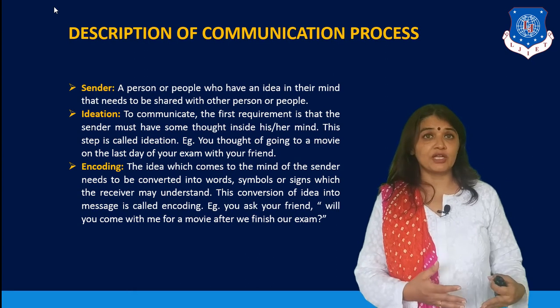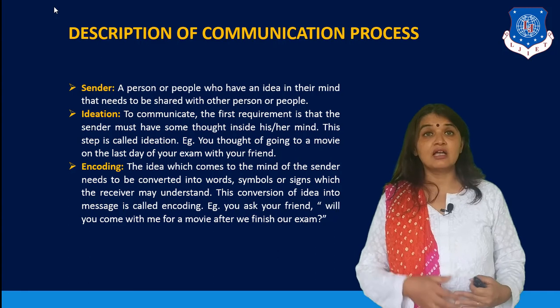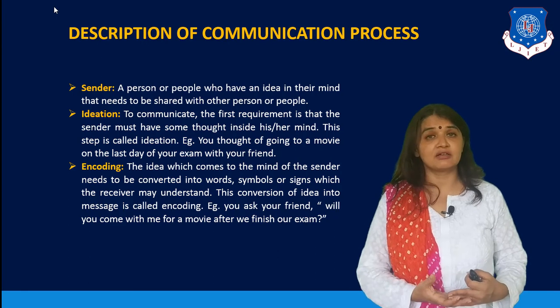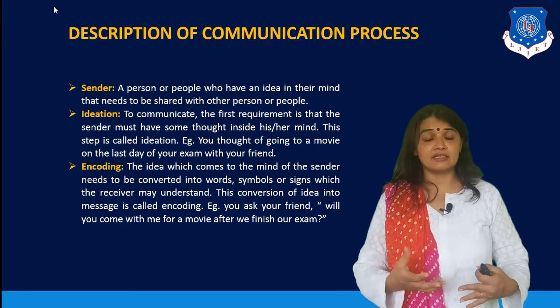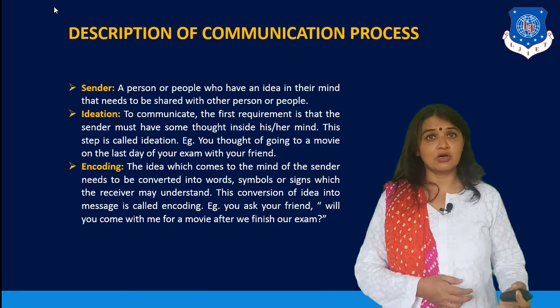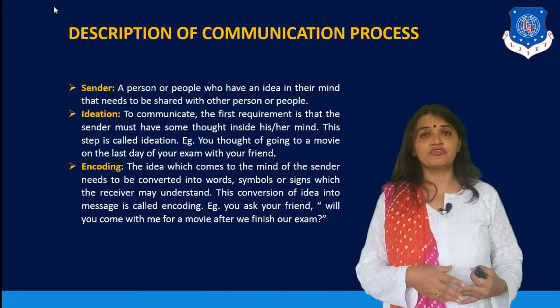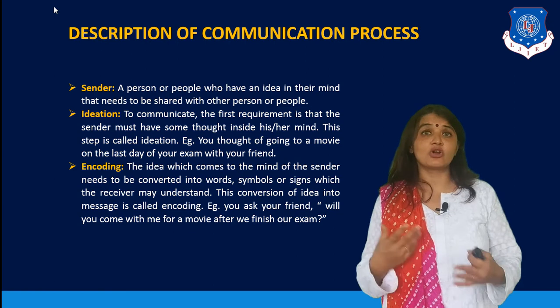Then there is encoding, which is also described in detail: the idea in the mind of the sender cannot be shared directly with the receiver, but has to be converted into understandable words, and that conversion of the idea into a message is called encoding.